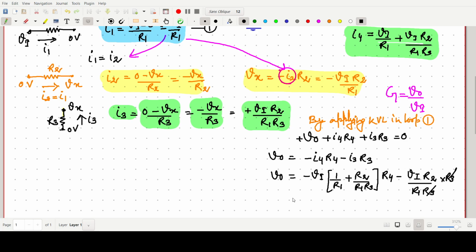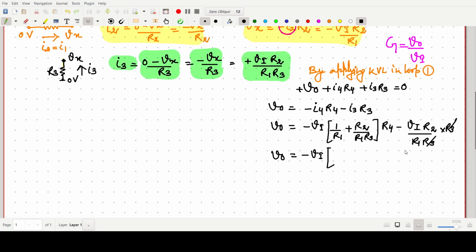So this R3 cancels. Now the final expression for V naught we can write as, Vi is also common in both terms, so we take minus Vi common. Clear? Because we have to find V naught by Vi, now everything is in terms of V naught by Vi and R1, R2. So if we take Vi common, first I am taking this term R2 by R1.